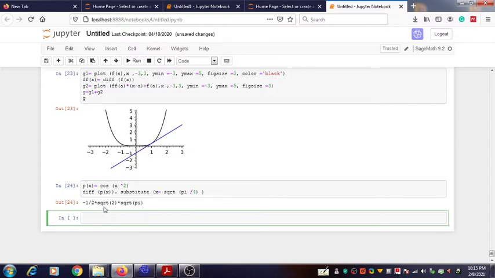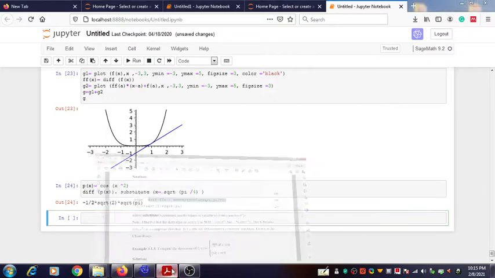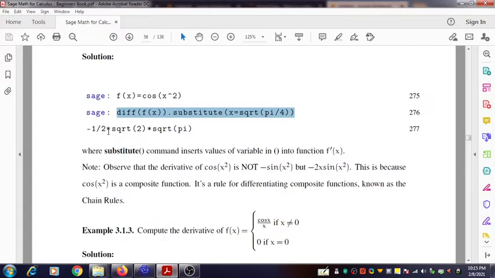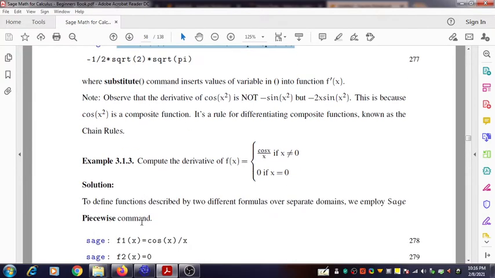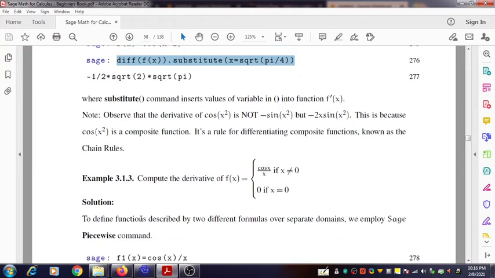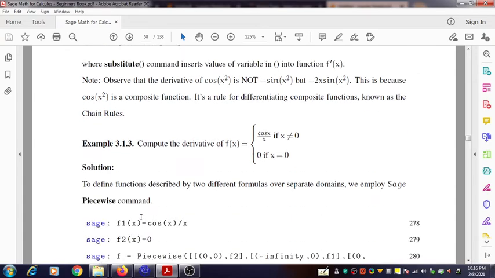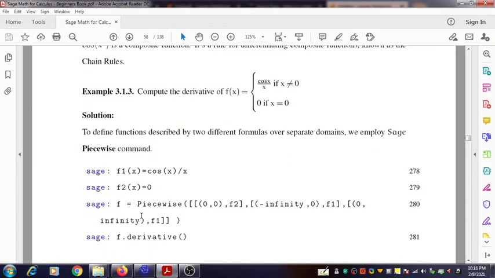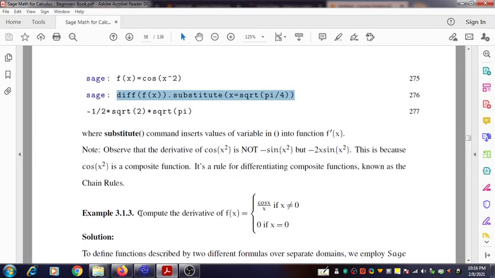And you have got that value, minus 1 by 2 times square root of 2 times square root of pi, and let's compare it with minus 1 by 2. So we are getting that exact number that you can see here. Yeah, we have got that. So this way one can use this command to obtain the derivative.